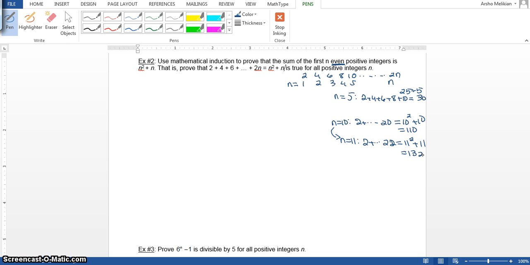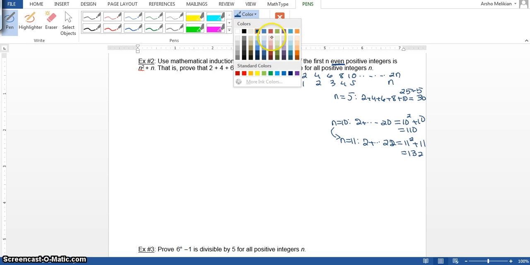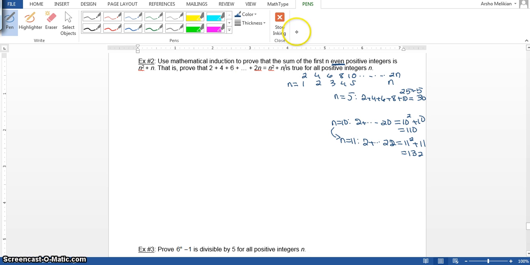Now, if we think in terms of k, so all I'm doing now is trying to get an idea of what I want to prove. What does my result look like? What should my result look like? If I think in terms of k, then, if this is k squared plus k, then what's this?